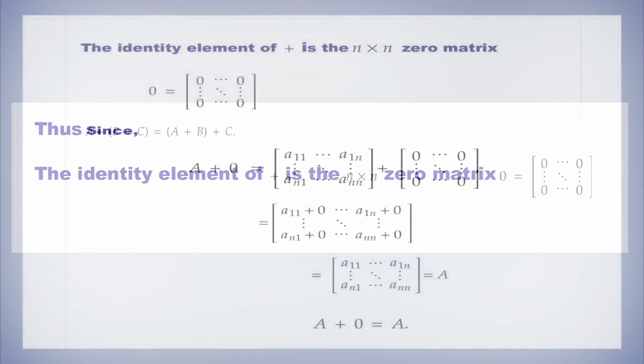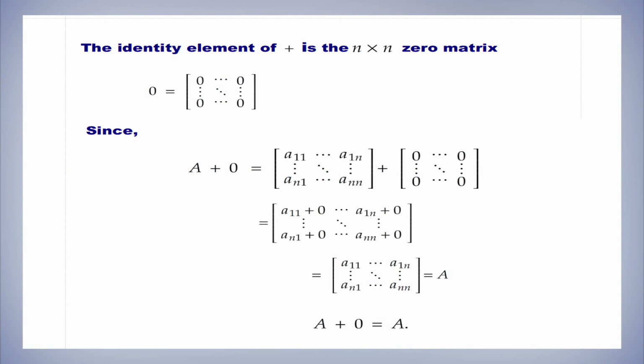The identity element of plus is the n by n zero matrix. 0 is equal to 0, 0, 0, 0 and 0, 0, 0, 0. In its columns and rows we are having only zeros. Since A plus 0 is equal to, already we have seen A is the n by n matrix, it is having the rows and columns like this: A11, A12, A13 and so on to A1n, like An1, An2 and so on to Ann.